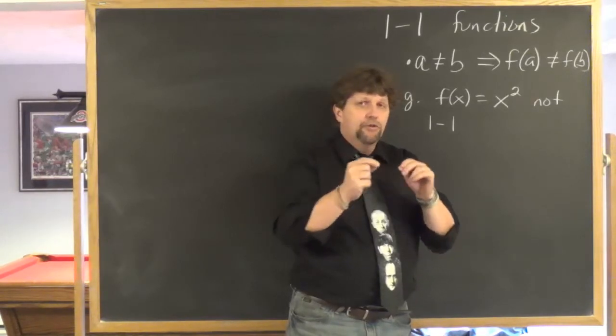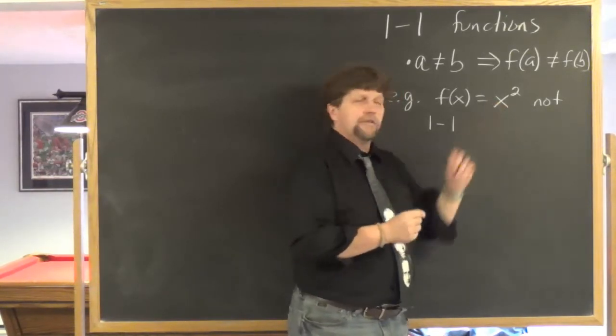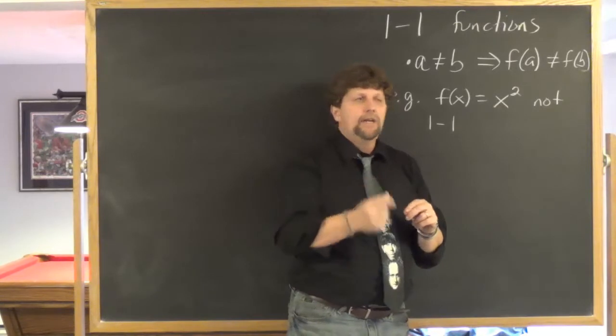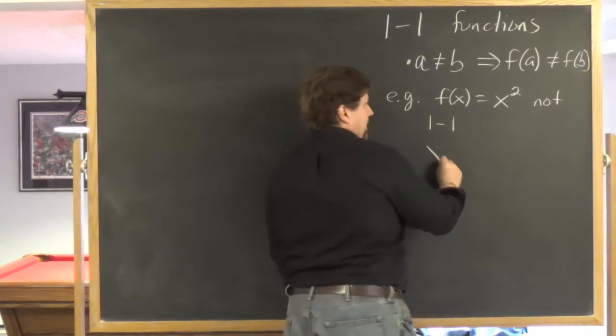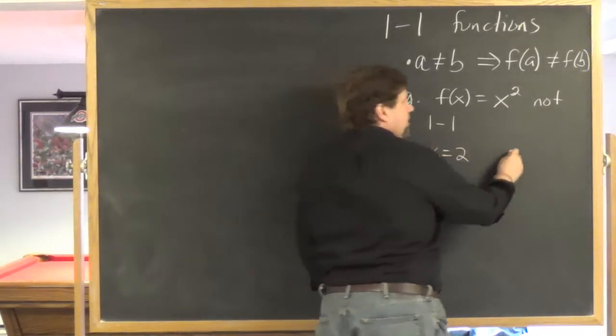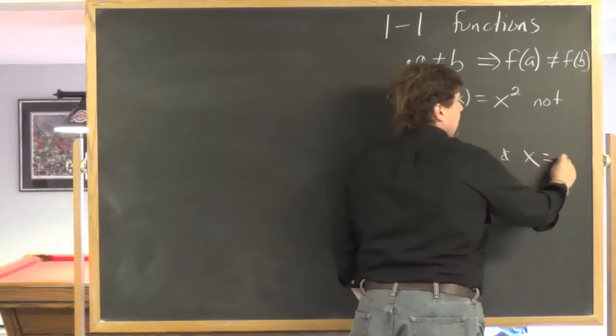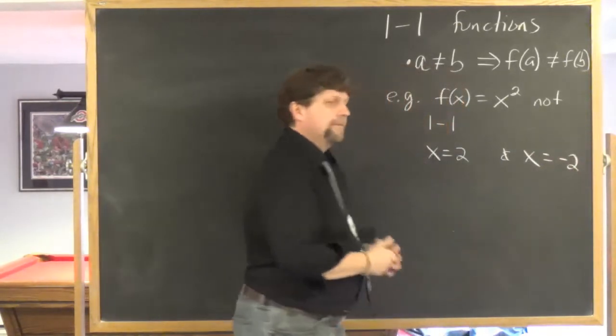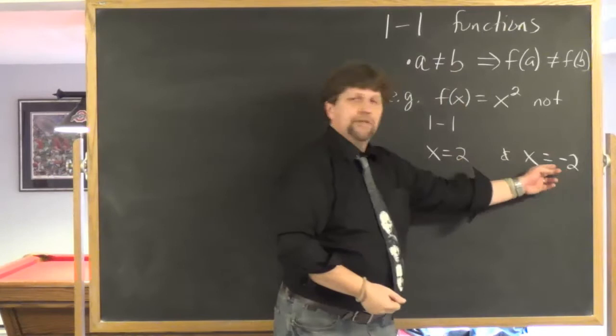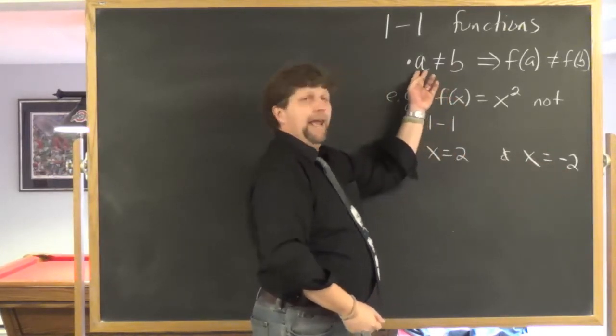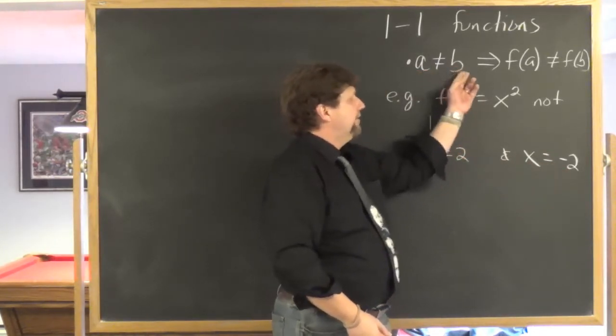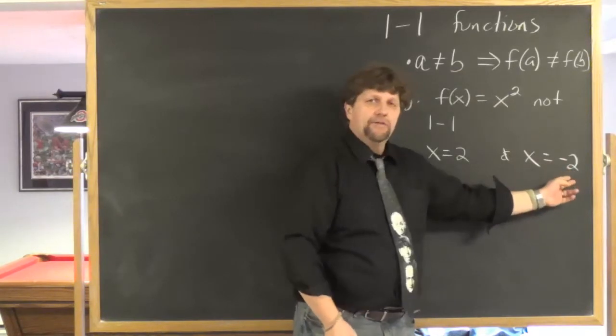I'm going to pick two numbers in the domain of x squared that are not equal. I'm going to pick 2 and -2. They are not equal to each other. So think of, I picked an a value of 2, I picked a b value of -2.